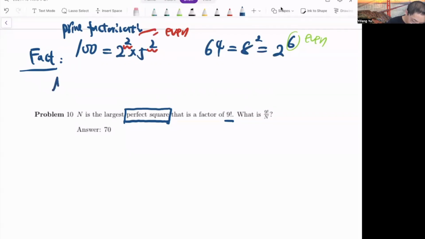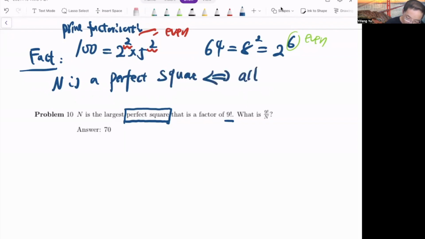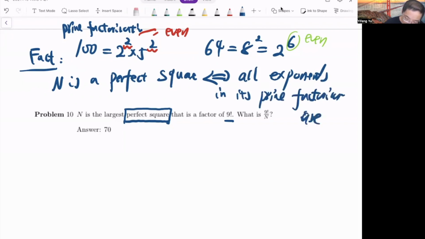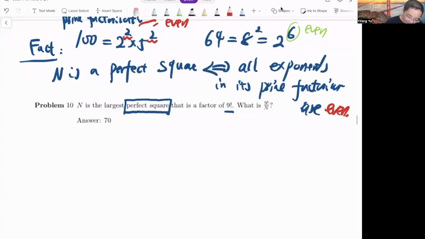Let's say here, a number n is a perfect square if and only if all exponents in its prime factorization are even. Okay, all right.